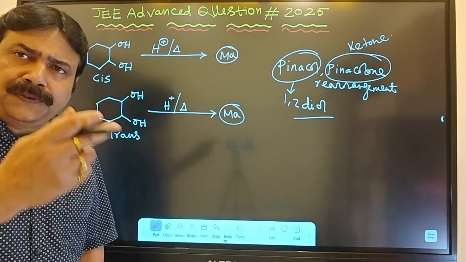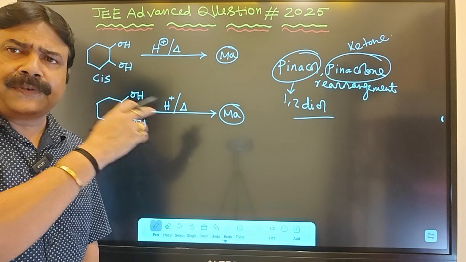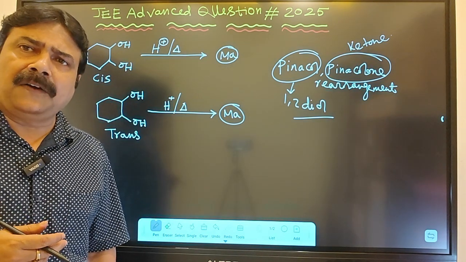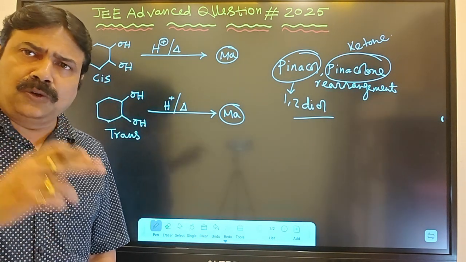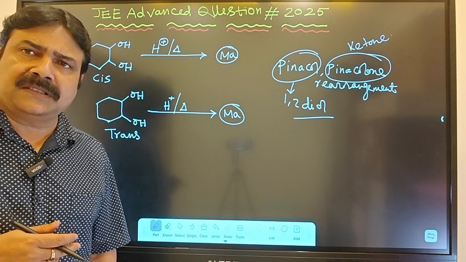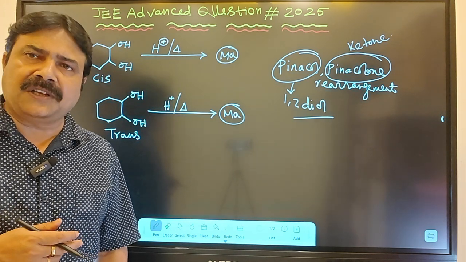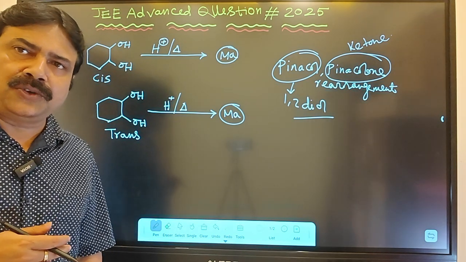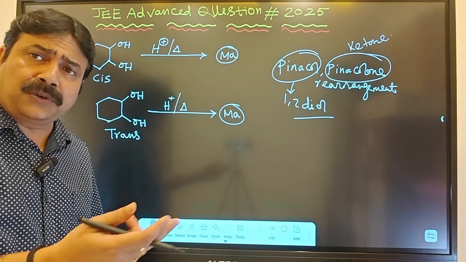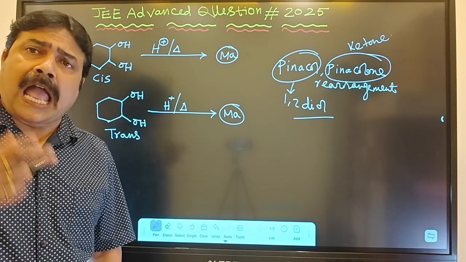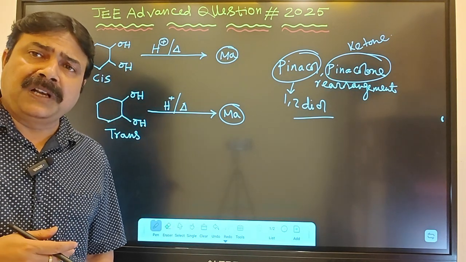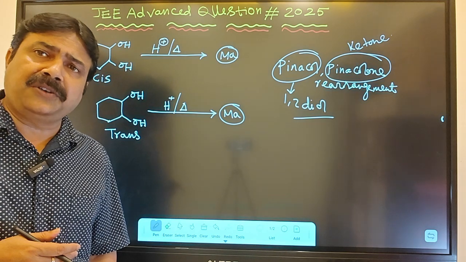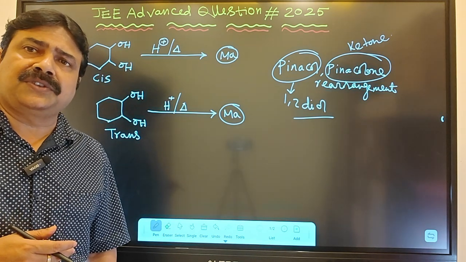Now if you look at the weightage for organic in the last couple of years, there was a very good percentage, around 40 to 50% organic questions in the JEE Advanced paper. Minimum 6 to 8 questions used to be asked, in some sessions even 11 questions from organic. Among those, directly 5 to 6 questions were on famous name reactions or rearrangements.